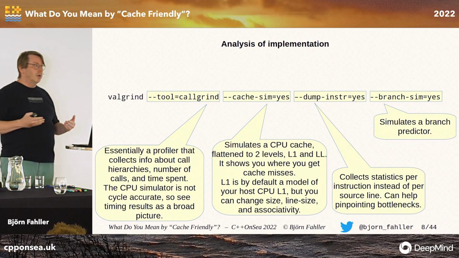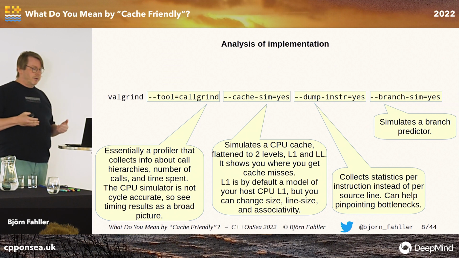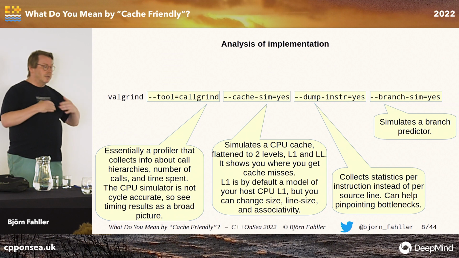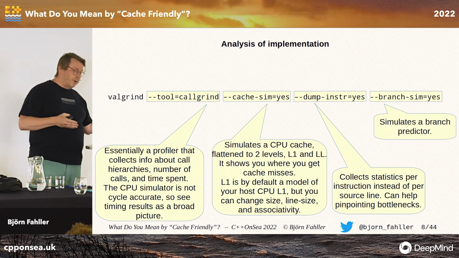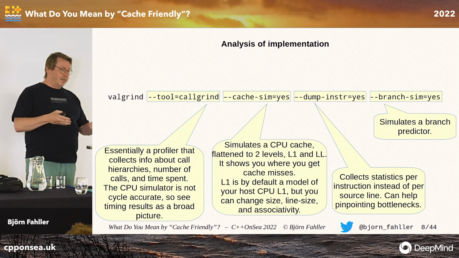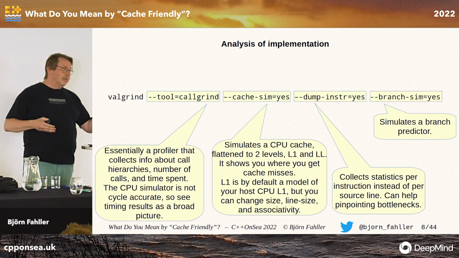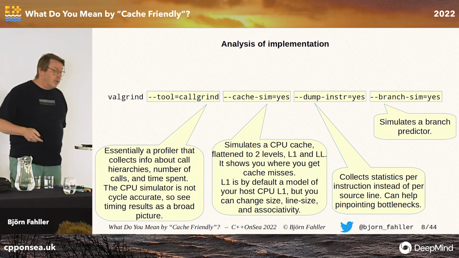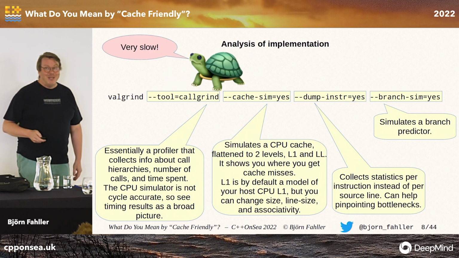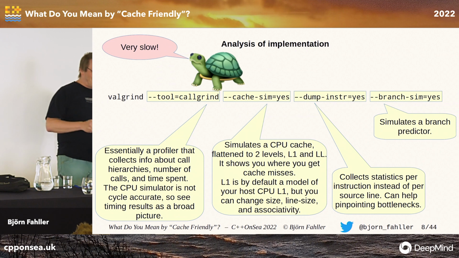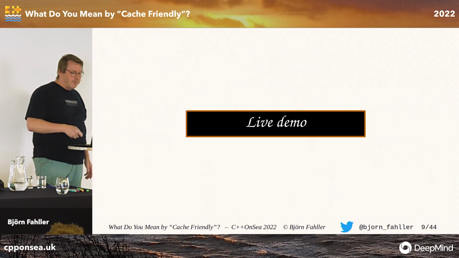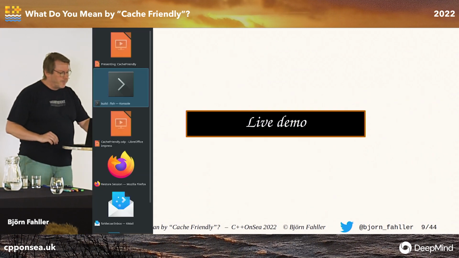Modern CPUs have branch predictors, and you do speculative execution of code, and this branch sim will not be perfectly the same as your CPU, but it tries to mimic a branch predictor, so you can see where you have prediction misses. And it's slow. It's so slow. 20x slowdown is nothing unusual at all. But it's pretty cool. So let's actually have a look at this.